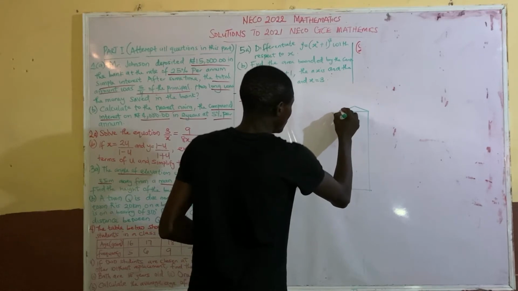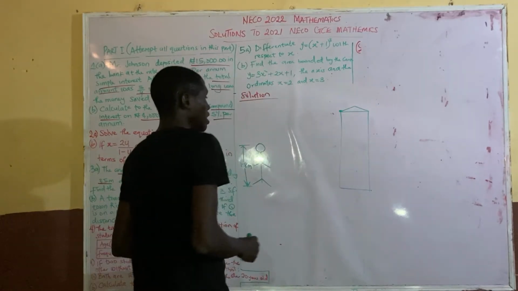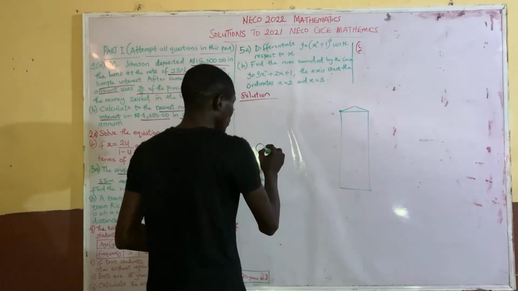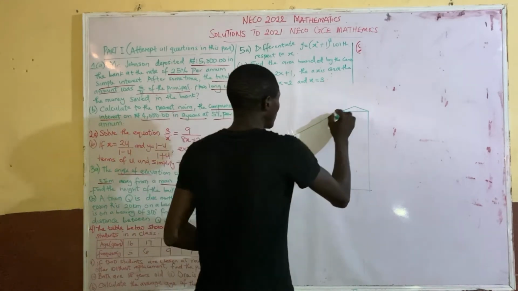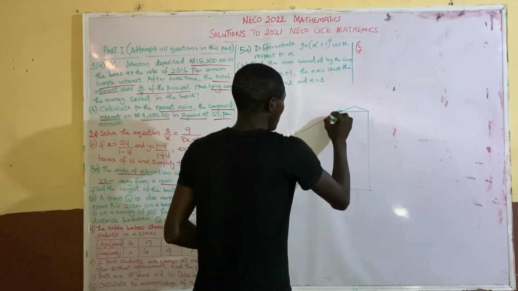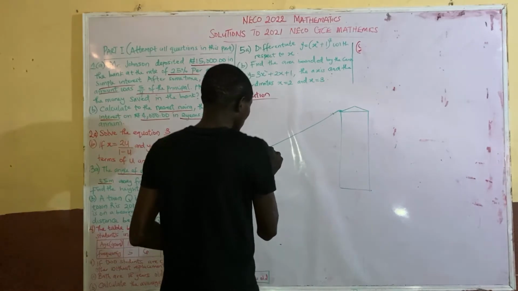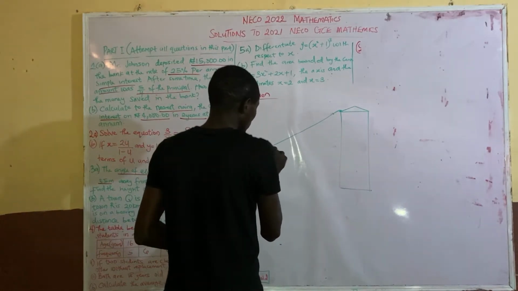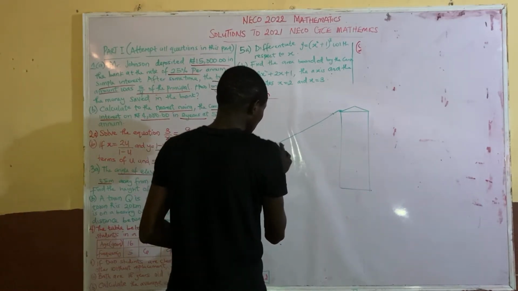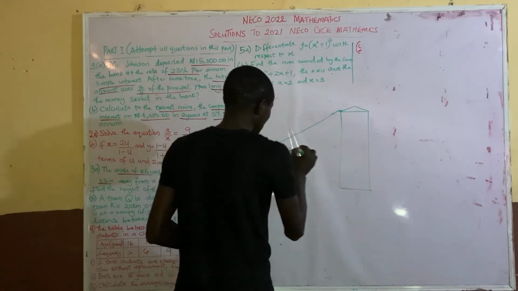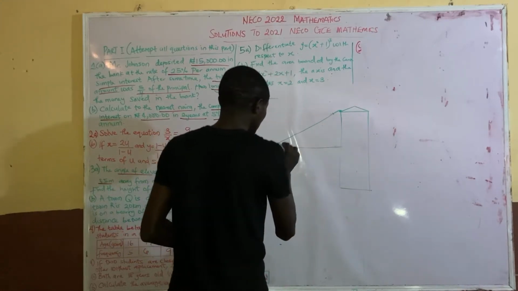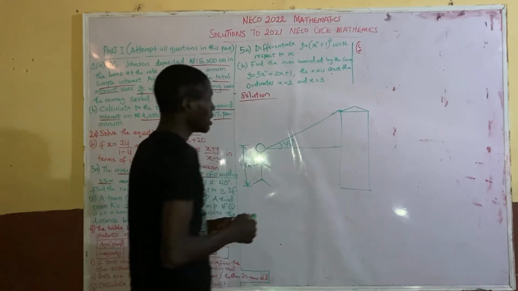The top of the building is here, sighted with an angle of elevation of 40 degrees to his eyes level. Don't forget that this is eyes level. The eyes level is along this side. So it's 40 degrees to the eyes level.